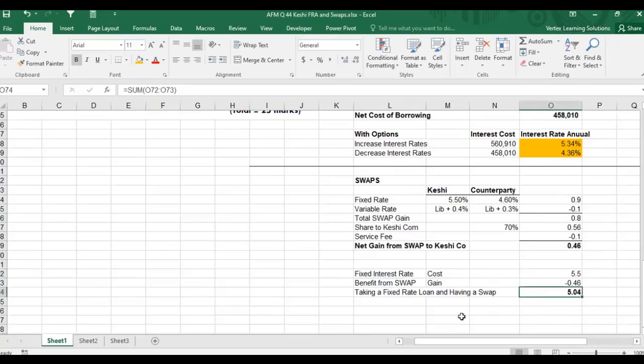And if they take the variable rate and the rate goes up or down, for swap it is 5.04%. So the better option is, your suggestion is that avoid fixed rate and go for variable rate plus swap. Take a variable rate loan and take a swap.